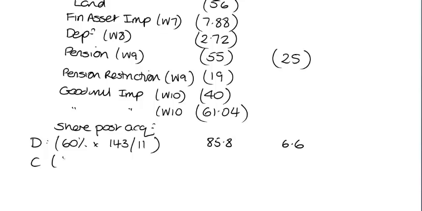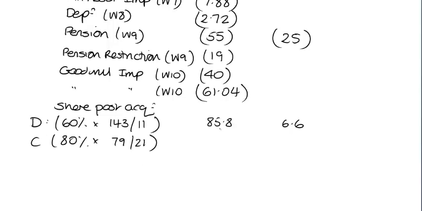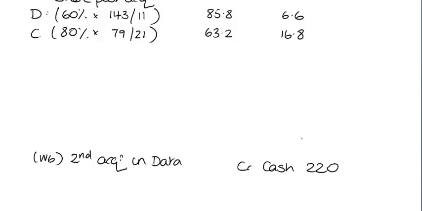For captive, it's going to be 80%. 80% of what? Well, retained earnings have increased by 79 and OCE has increased by 21. So we allocate our share of those increases, and that gives us figures of 63.2 and 16.8. Have we dealt with everything? Nearly. What have we not dealt with?